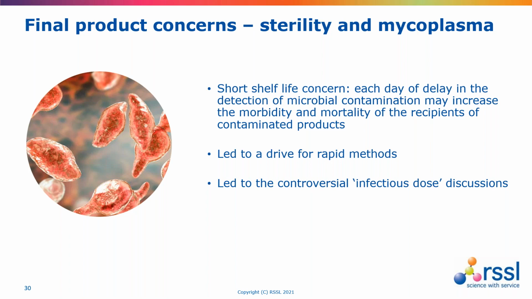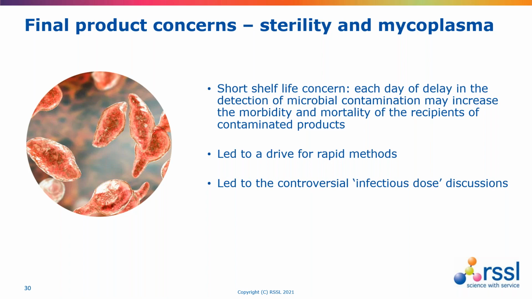But in some cases there are questions around the accuracy of rapid methods as well, and certainly in degree of the level of detection. So there is some controversial discussion around infectious dose. So this is based on the philosophy that if a rapid method cannot always detect down to a single colony unit, to what extent does that matter if there's little evidence of one colony unit in the product being clinically significant?